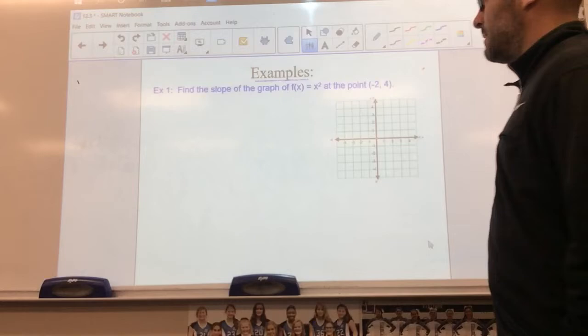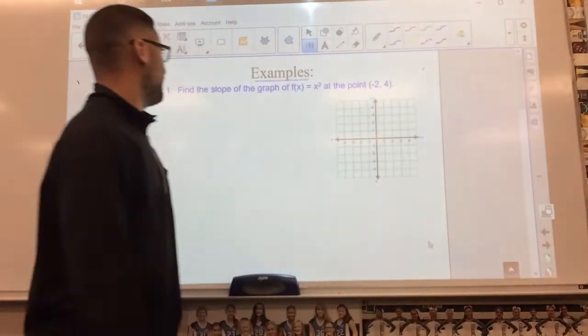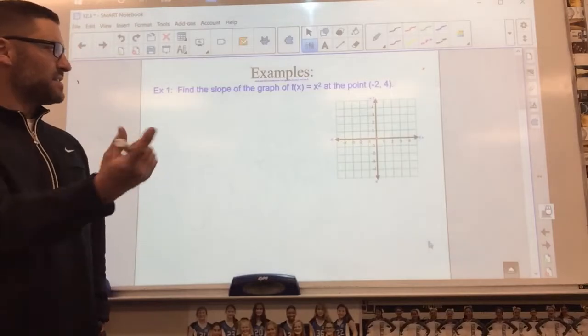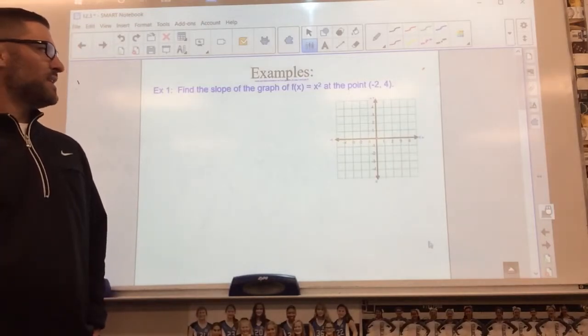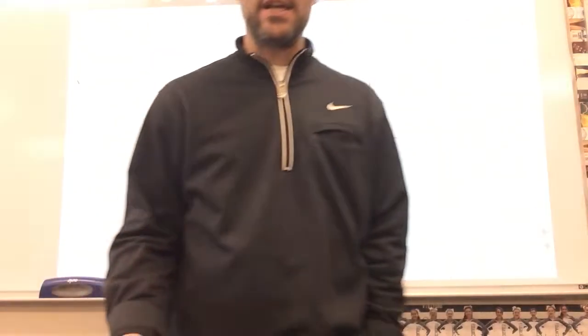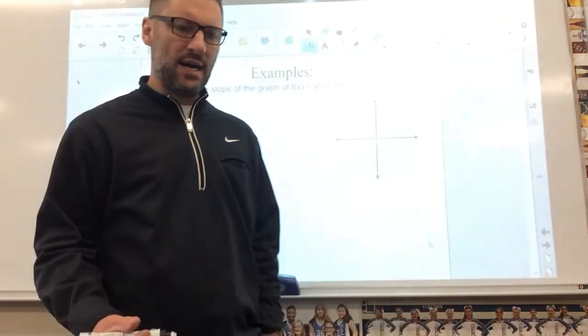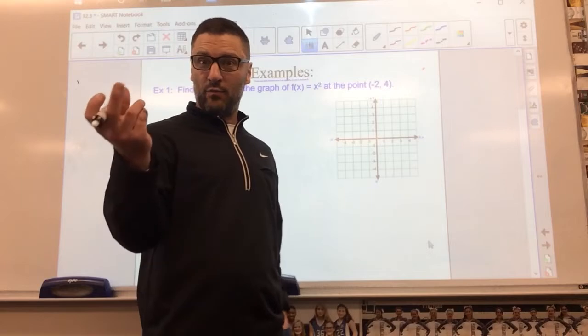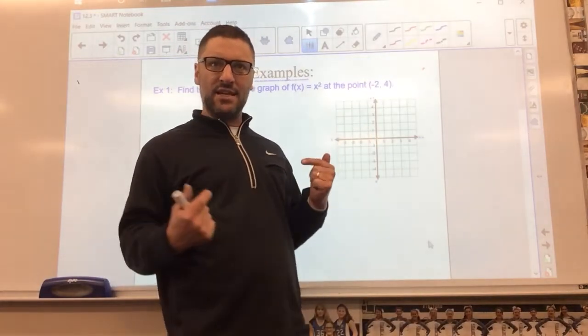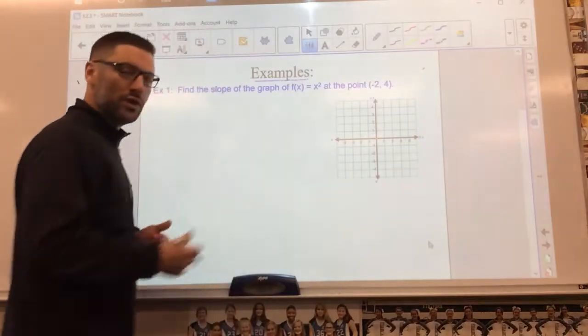Okay. Here's example 1. Find the slope of the graph of f of x equals x squared at the point -2, 4. We're going to find the slope of the tangent line here. And then we're going to shrink that distance down to next to nothing for that tangent line, and we're going to do it with that formula.